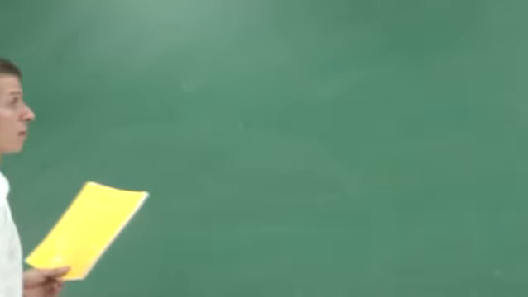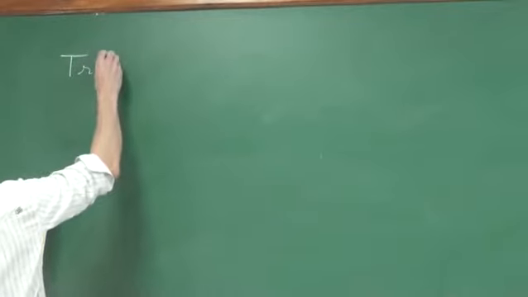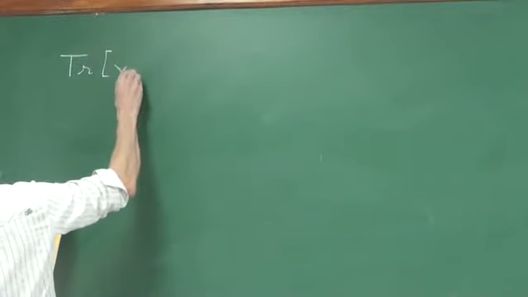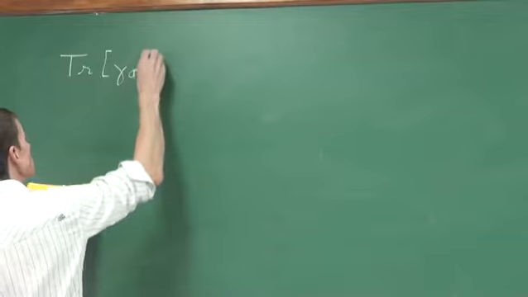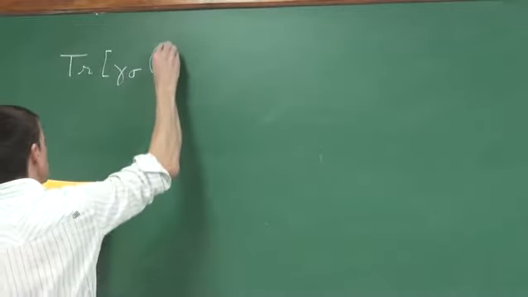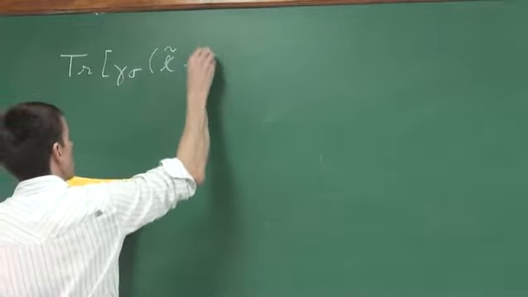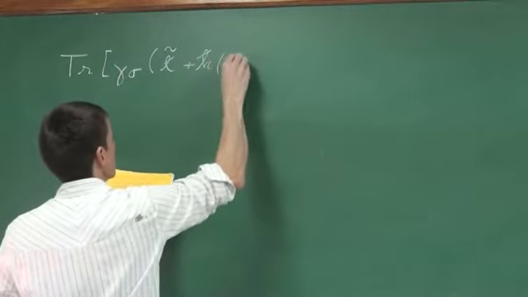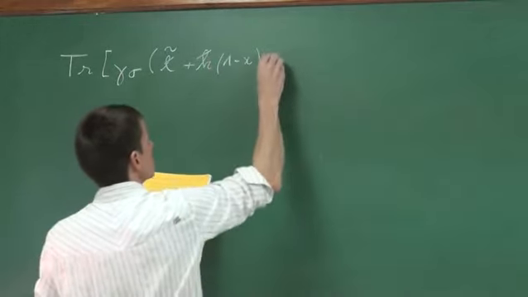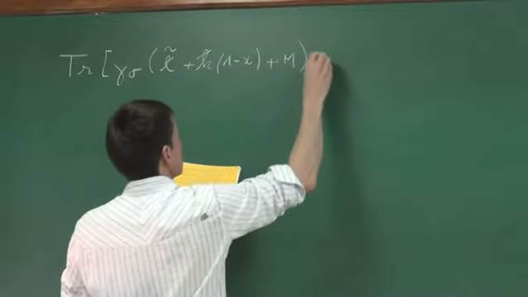So we have to compute, if I do a change of variable, the following trace, plus m gamma tau.